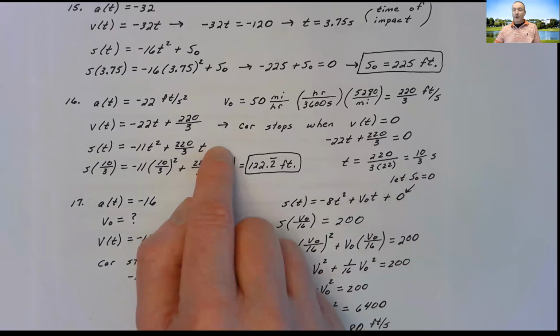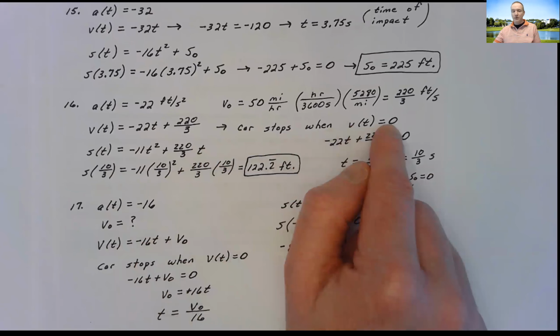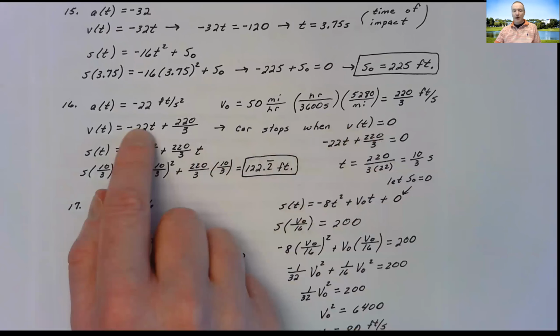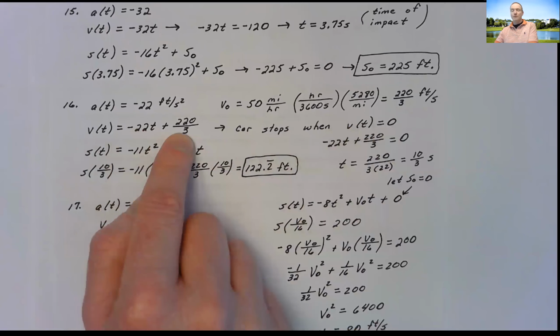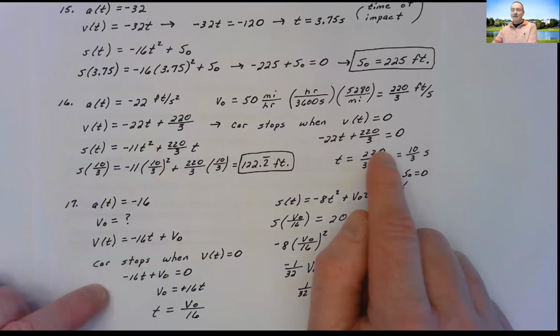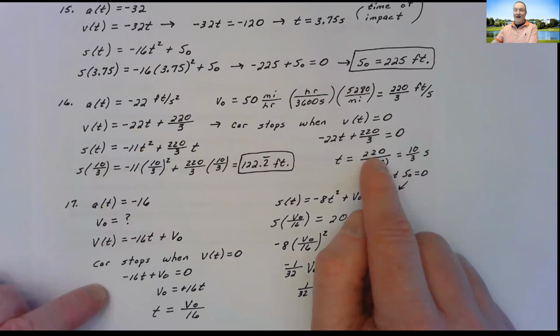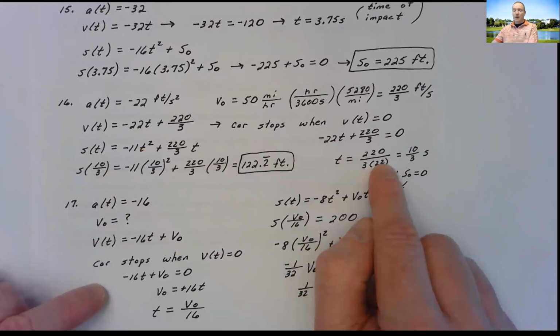Now, we know that the car is going to come to a stop when the velocity function is 0. So you just set your velocity function, negative 22t plus 220 over 3, equal to 0. And that's going to give you t is equal to 220 over 3 divided by 22, and then that reduced down to 10/3 of a second.